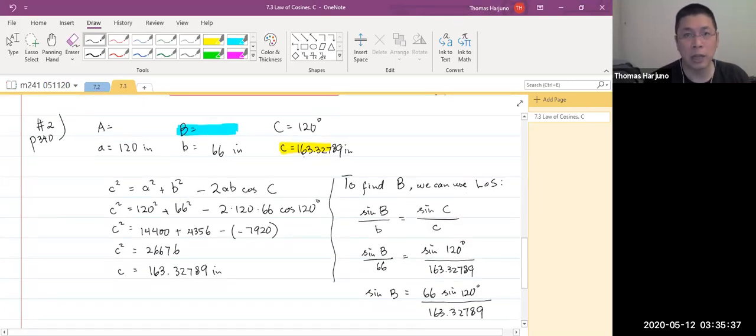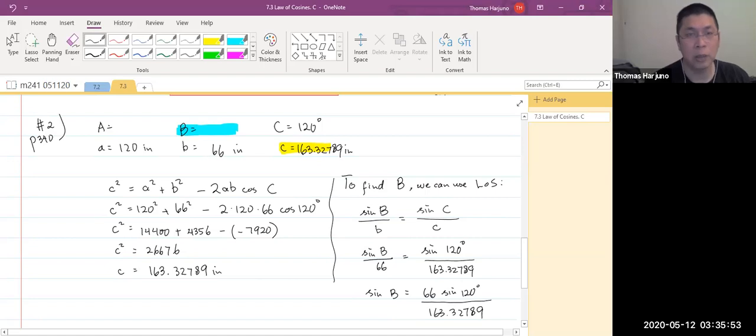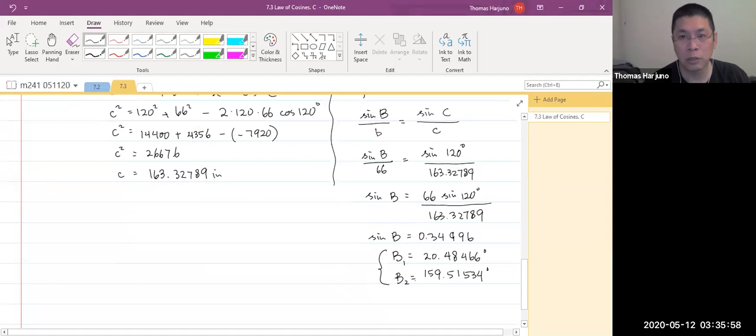C is the longest side, so angle C should be the largest. Side b is the shortest, so angle B should be the smallest. So this will not be right. This has to be cancelled.